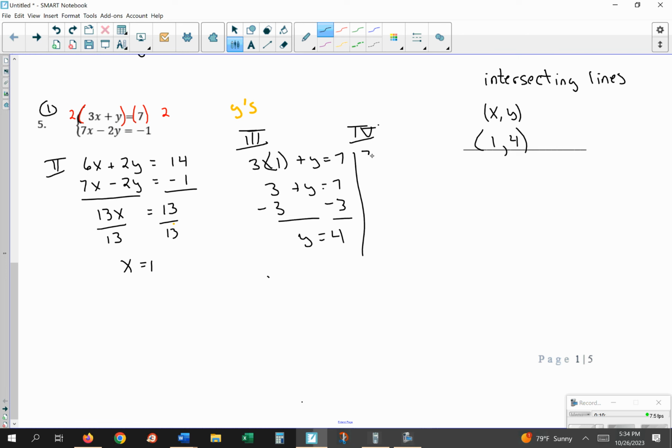All right, so we have 7 times x minus 2 times y and a question mark, -1. So my x value was 1, my y value was 4. It's going to give me 7 minus 8, question whether that equals -1. Simplify all the way down to a single number on both sides. -1 does equal -1, so that is my check, and this is my solution.